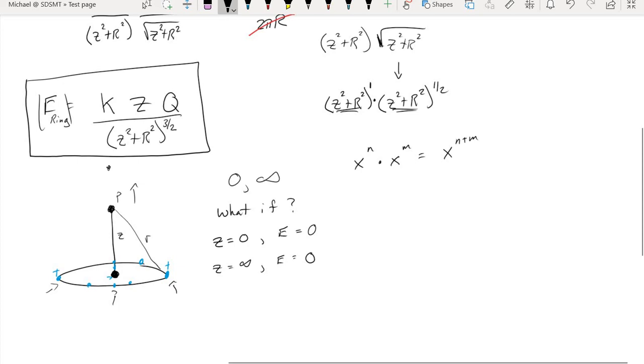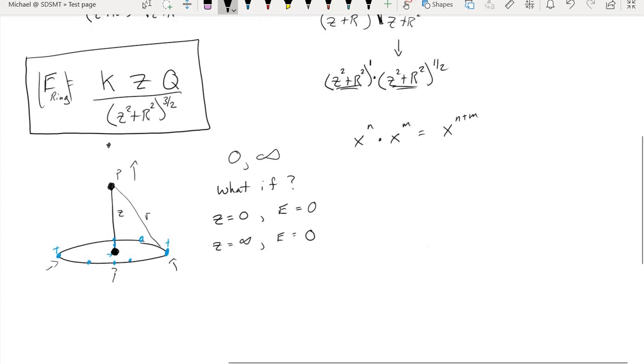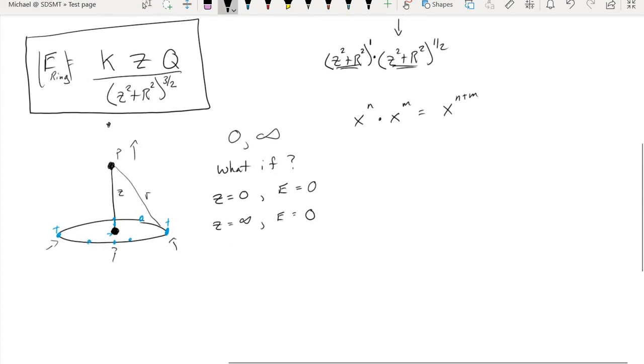You could be looking at someone that's holding a flashlight, and as they get further and further away from you, that flashlight becomes dimmer and dimmer until eventually you're not going to see that flashlight anymore. Even though they're still shining it at you, the light is dispersing as it travels, and that's what's happening here. These electric fields disperse the further away that we get from the source of those charges, and we don't see an electric field anymore. So that's playing the what if game with z.